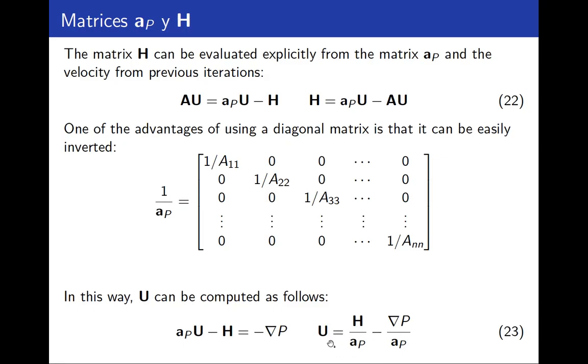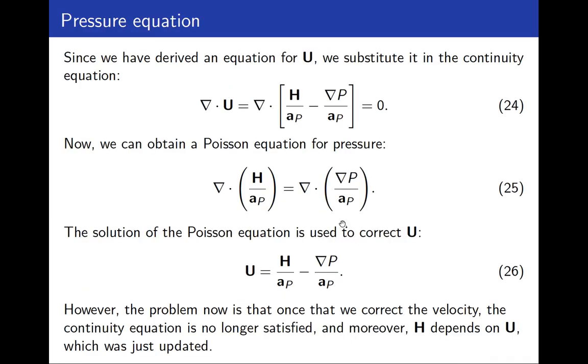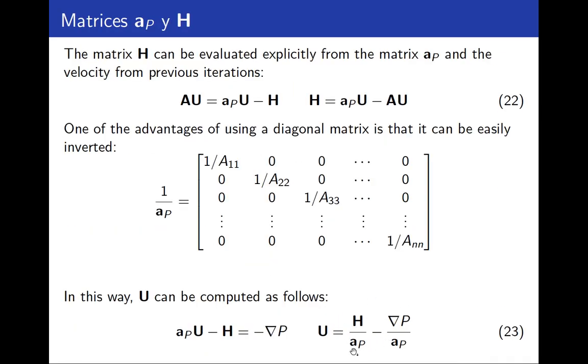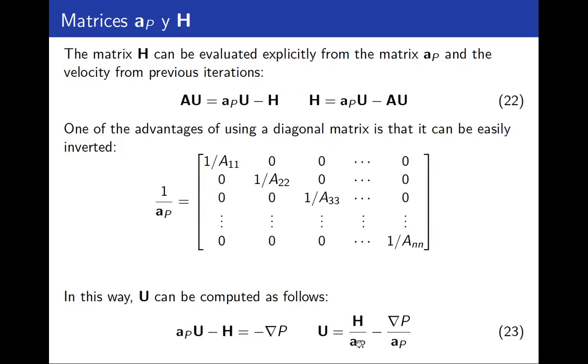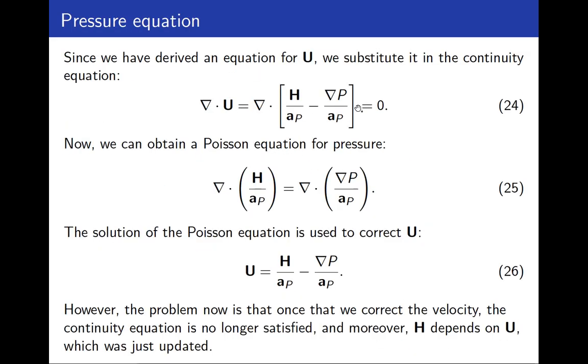So the velocity, or the vector of unknowns, can be evaluated using the matrix H, the matrix AP, and the pressure gradient term. So since we have now an equation for the velocity, we will substitute it in the continuity equation. So remember, the continuity equation is the divergence of the velocity field. So if we substitute the velocity field into this equation, we have equation 24.